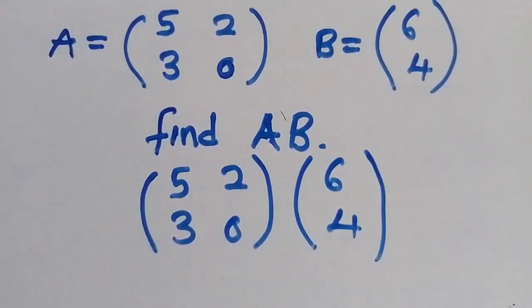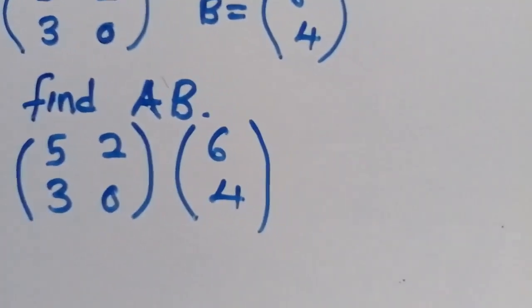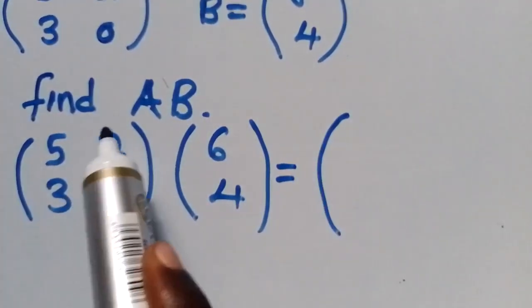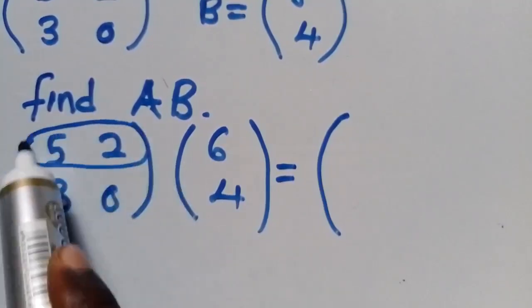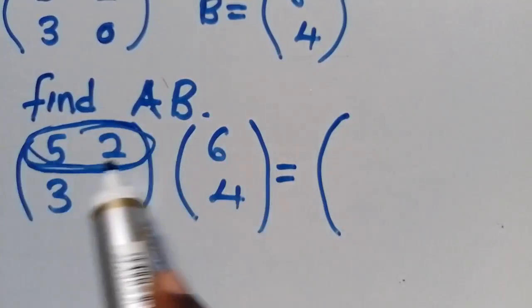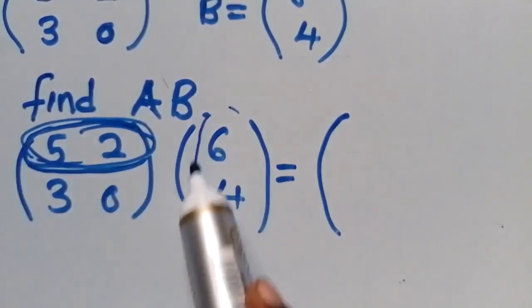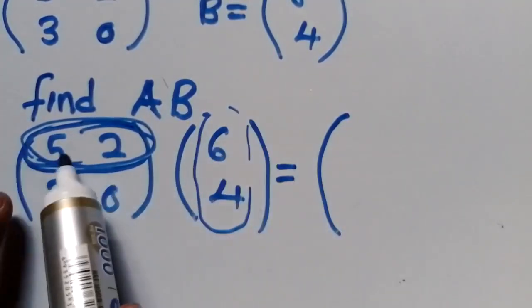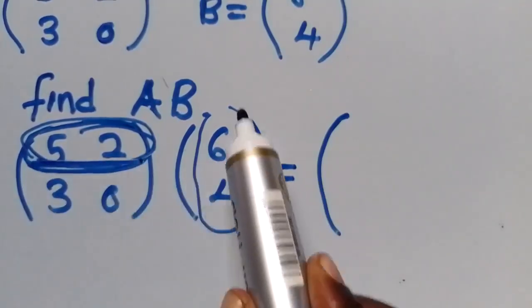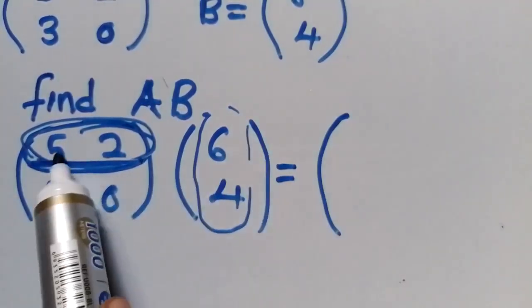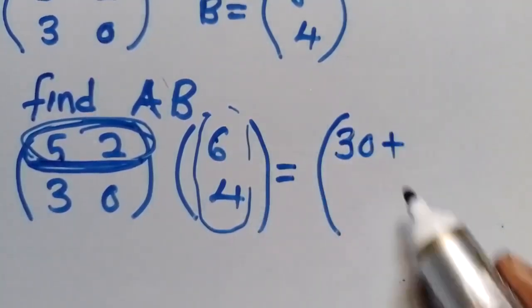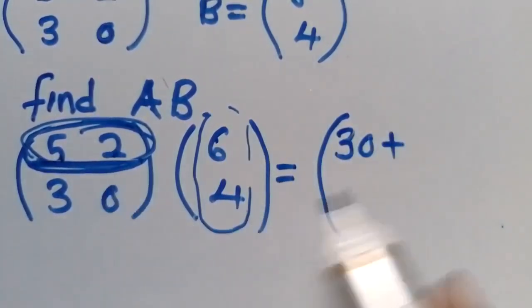What answer are you going to get when you multiply these two? This is a row, multiply it with this column. I'm on top, so this is a row, and I multiply it with this column. 5 times 6 is 30, plus 2 times 4, 8.